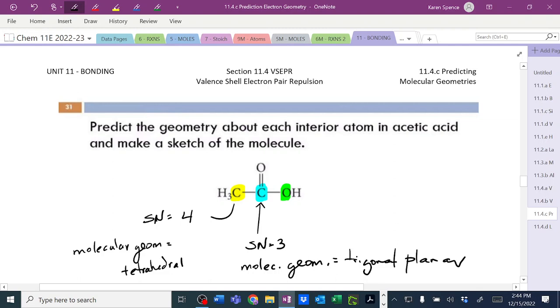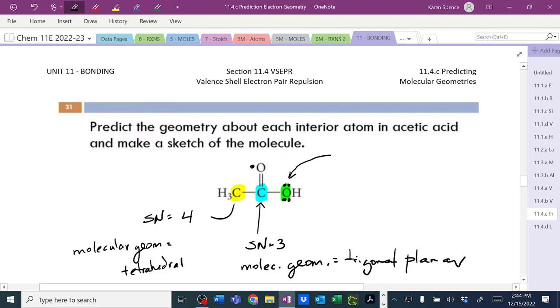Oh, now here's a nasty one. What's the steric number on this O? 4. Because you have to remember that sometimes when they give you a structure, they won't draw in the lone pairs.